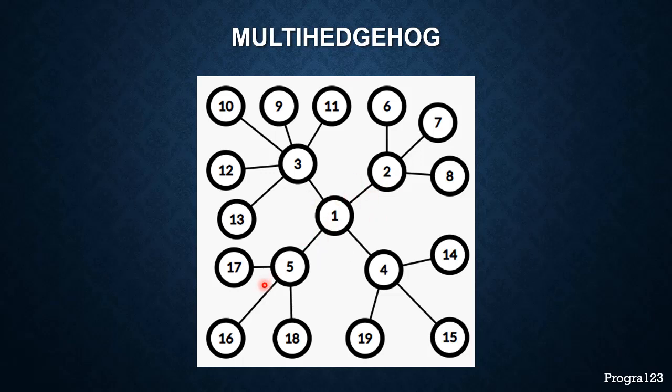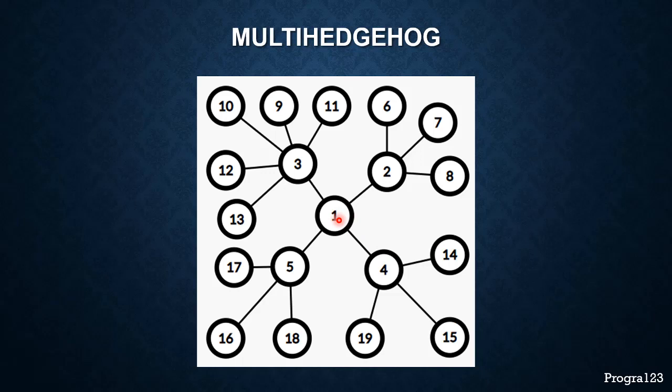So the distance from 16 to 7 is going to be the same as the distance from 16 to 9, and from 16 to 15. They're all going to be the same. That's the important observation that we have, and all those paths go through the center.